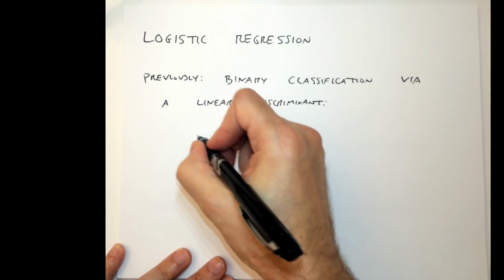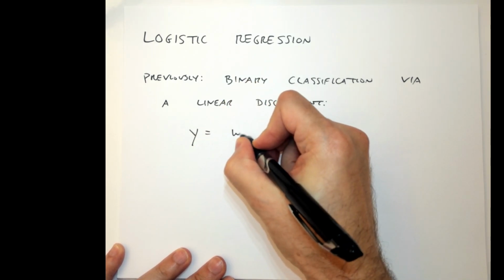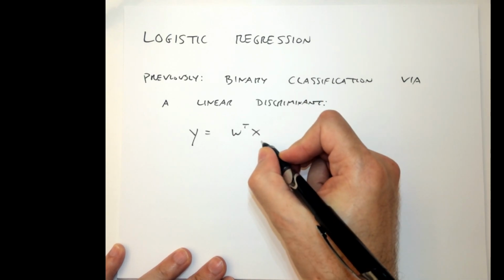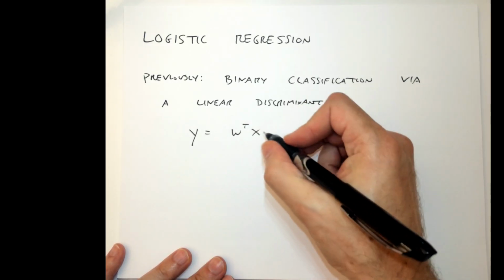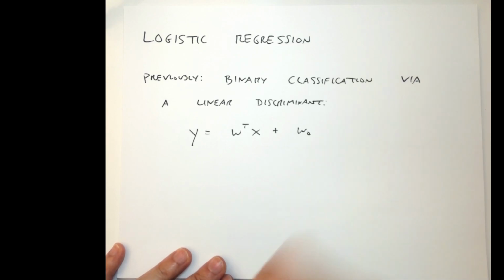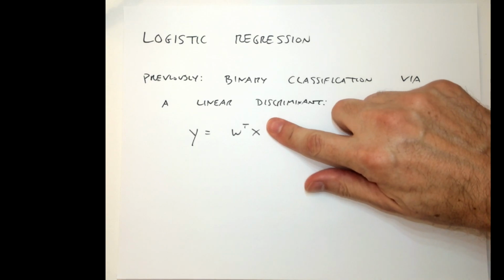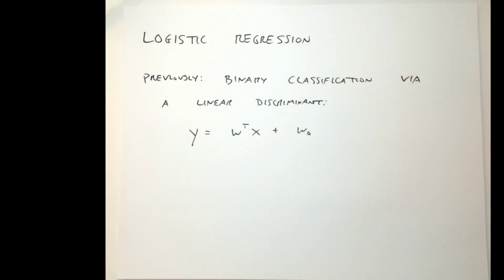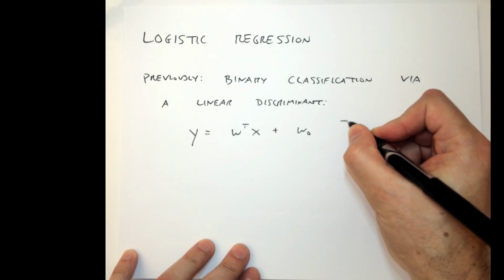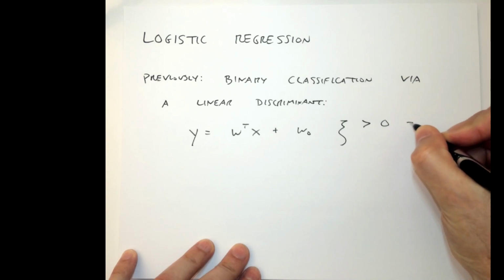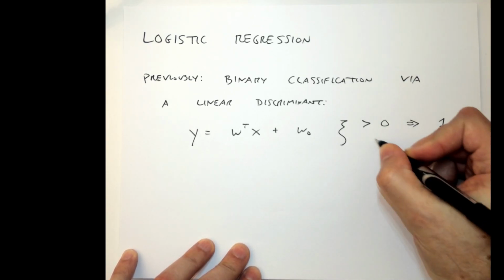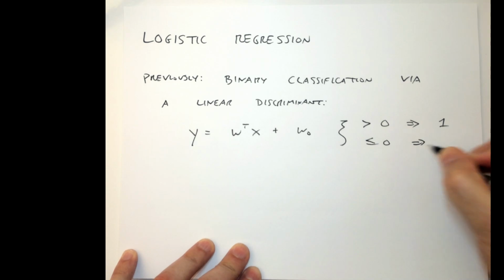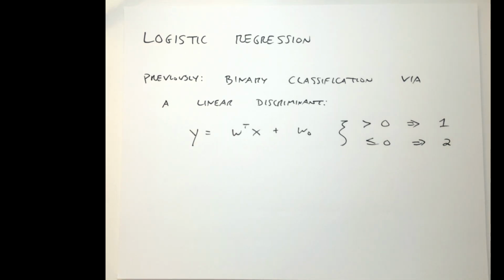And the setup was basically that I take my input features x, I weight them by some weight vector w, maybe I add a bias, or maybe if I want to include the w0 in here, I just have a row of ones in my x vector. And then basically I decide on, if this is greater than 0, then I choose class 1, and otherwise, I choose class 2, right?